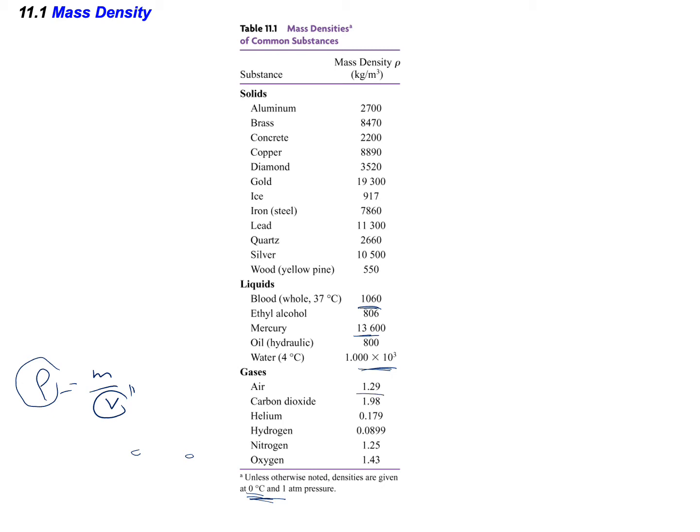And air 1.29, oxygen 1. The densities of gases are much lower compared to solids because gases can spread over larger volumes, but solids have large values: gold 19,000, iron 7,000, lead 11,000. So solids have higher densities compared to gases.